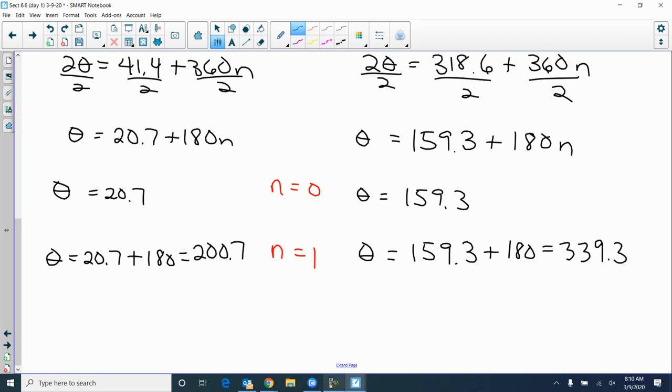Technically we keep going, but I think some of you will notice what happens when n equals 2. 180 times 2 is 360. It's automatically going to take you over that. So you get 20.7 plus 360, which is 387.7. Too big.